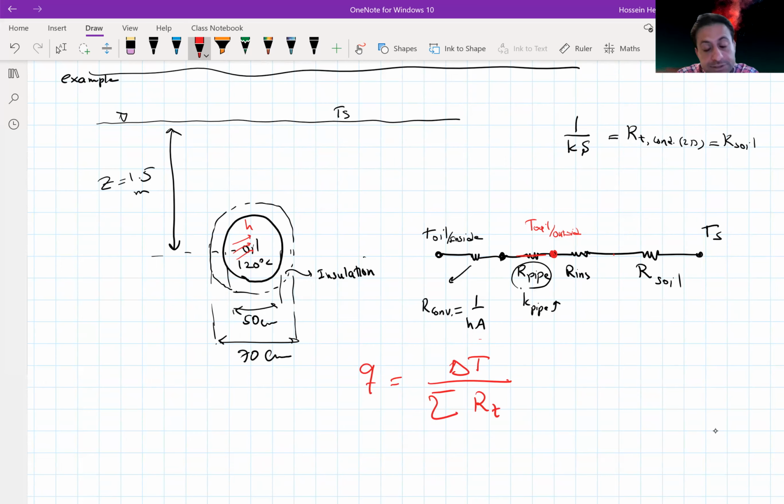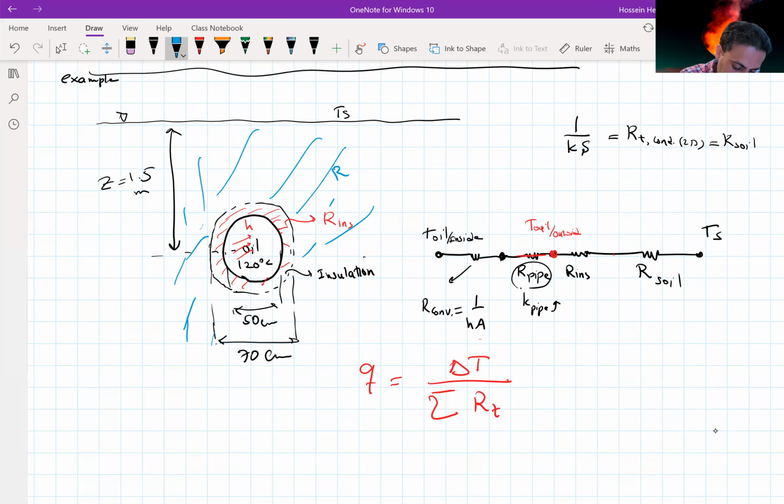Let's say if the H is so high, then this value almost would be like 0. So there would be no resistance against flow from the liquid to the point that the insulator is starting. So here, let's say this is the insulator. That's the part that we have R of ins for the insulator. And here is the soil all around this pipe that we have this R of soil that we have defined here.